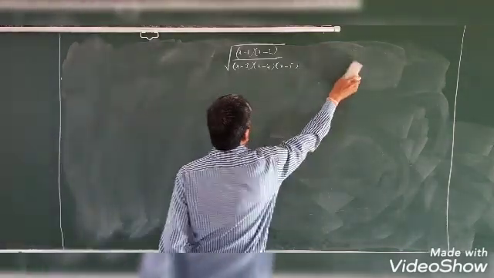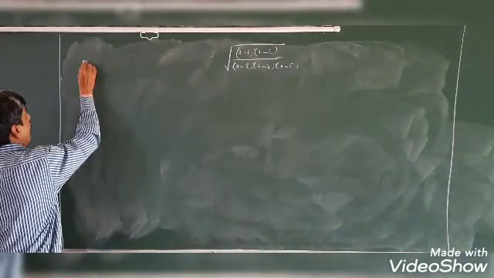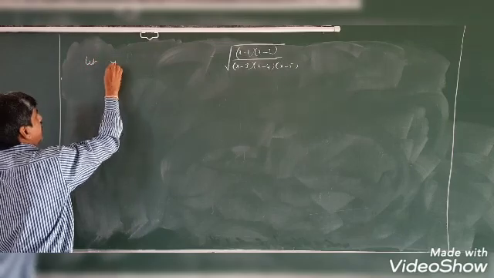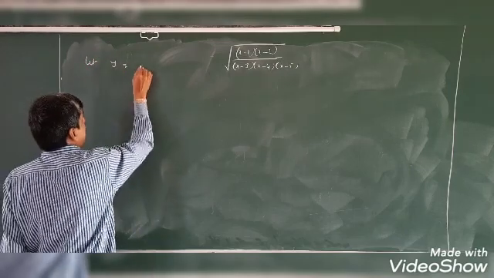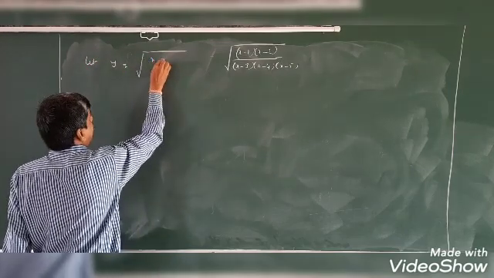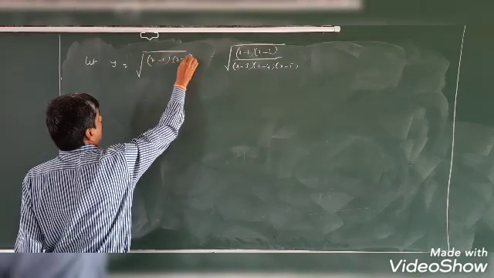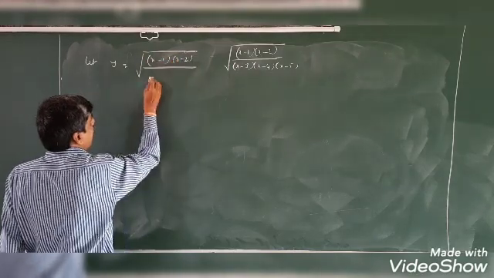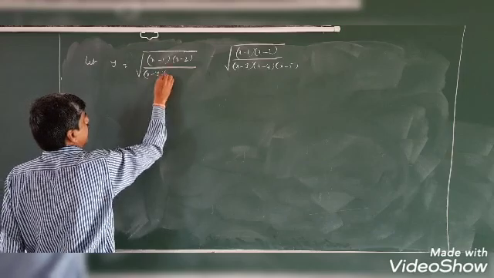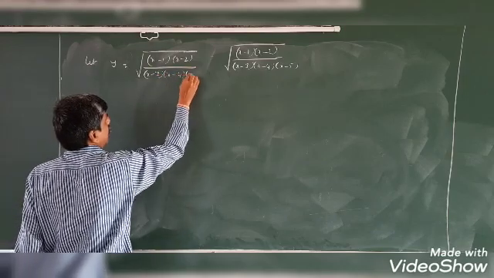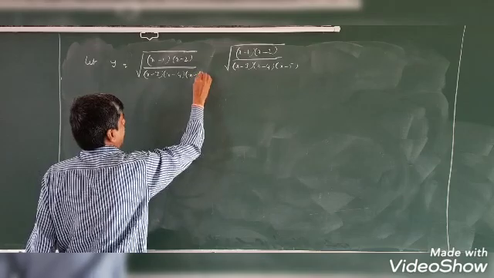Now, solution of the problem. Take y is equal to the given function, root over (x minus 1)(x minus 2) by (x minus 3)(x minus 4)(x minus 5).